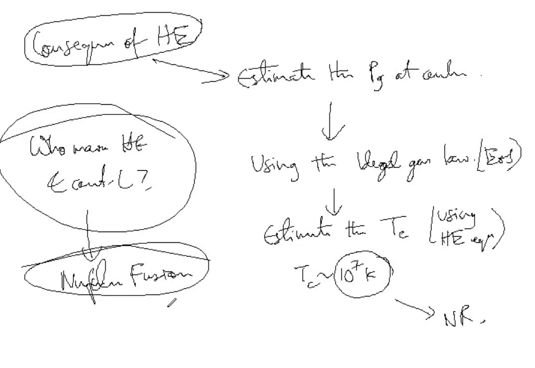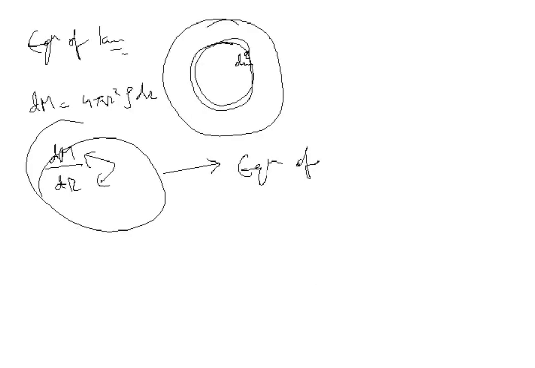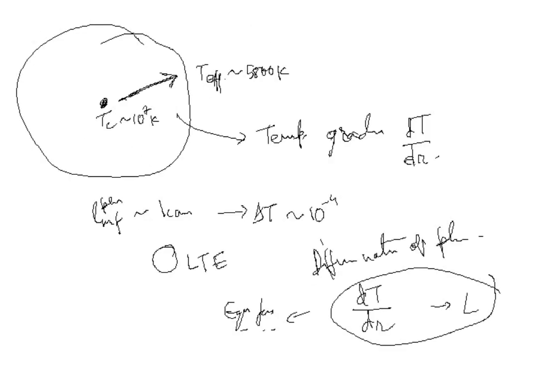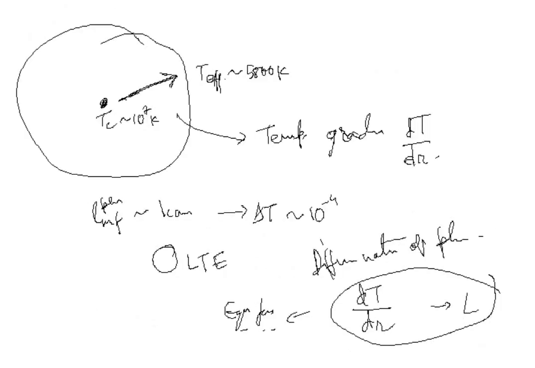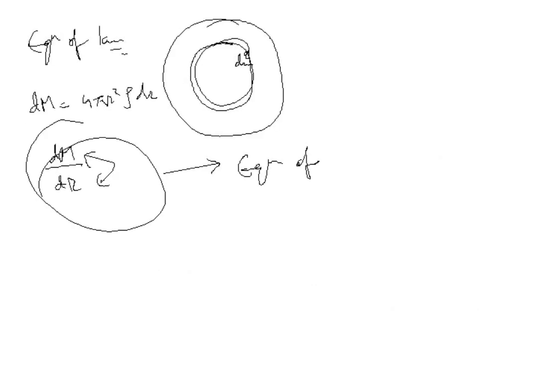Now let me tell you something more. You remember I talked about this Q, rate of energy generation per unit mass. Now let me tell you that this Q is highly temperature dependent. I am not showing you the result, but it can be worked out that this Q is proportional to, for two body reactions, density and temperature to the power some number nu.